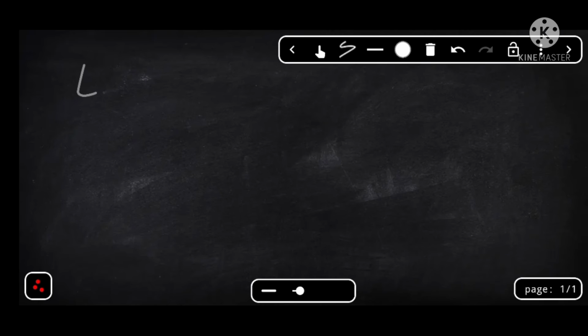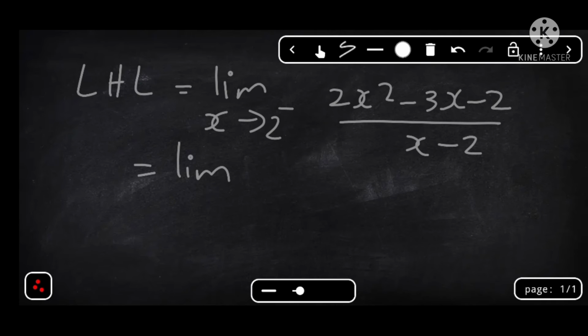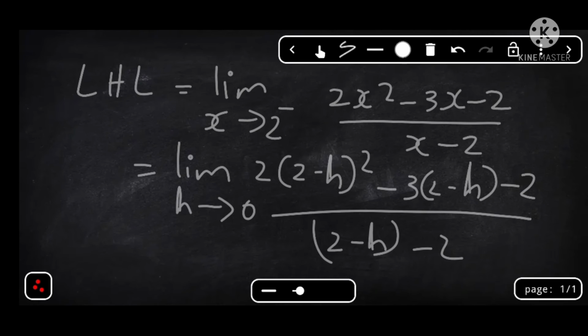So first of all, LHL, that is the limit as x tends to 2 minus of (2x² − 3x − 2) divided by (x − 2), which is equal to the limit as h tends to 0 of (2(2 − h)² − 3(2 − h) − 2) divided by (2 − h − 2).